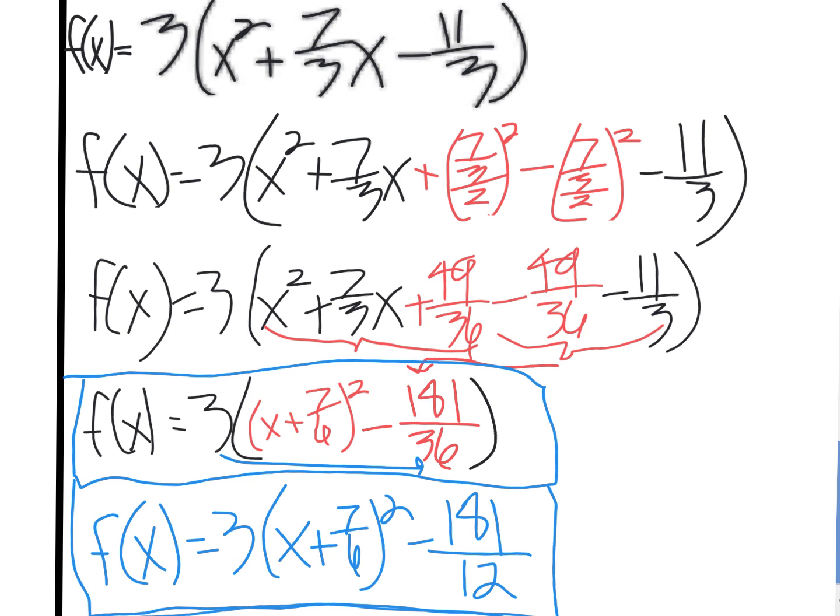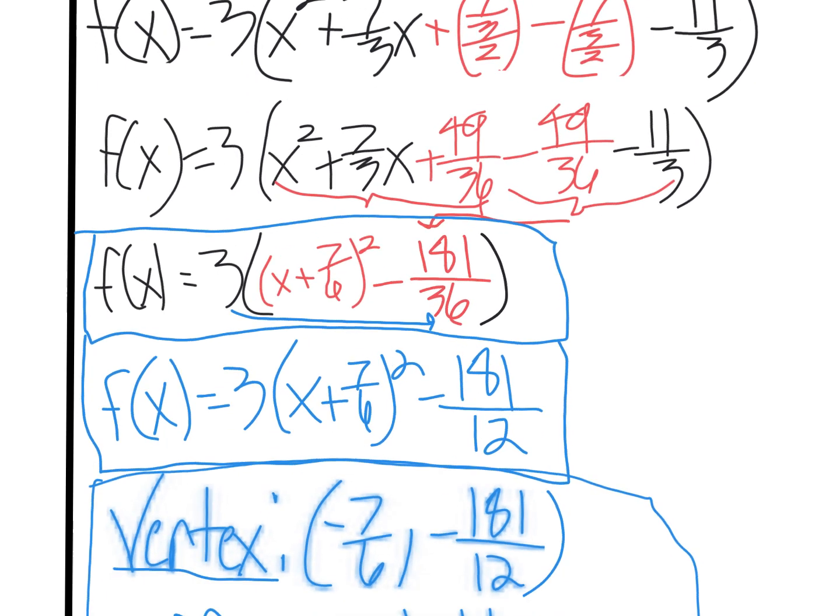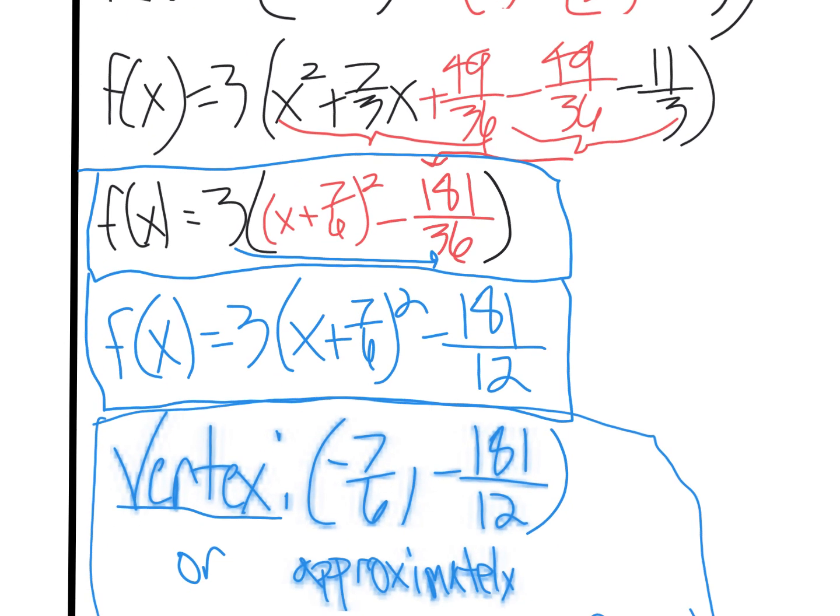But as I mentioned before, it's easier to identify the vertex if you distribute that a term all the way to the back term, right? So do 3 times negative 181 over 36, and you're going to get just negative 181 over 12, okay? That's the result of multiplying negative 181 over 36 times 3.